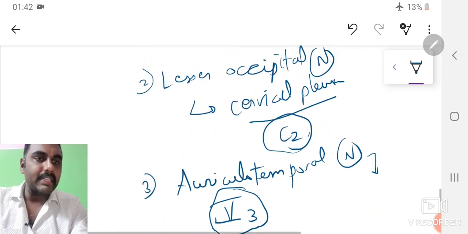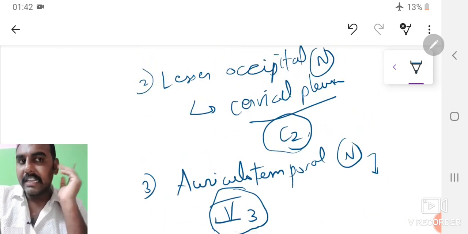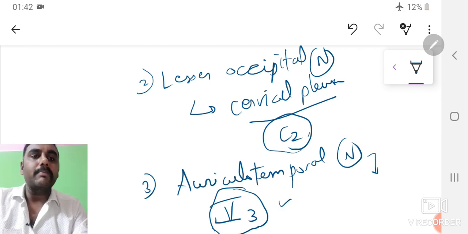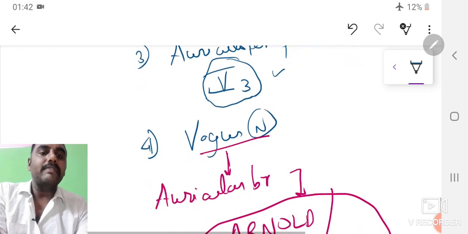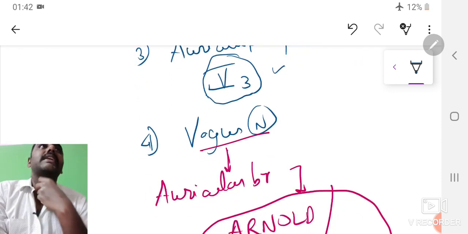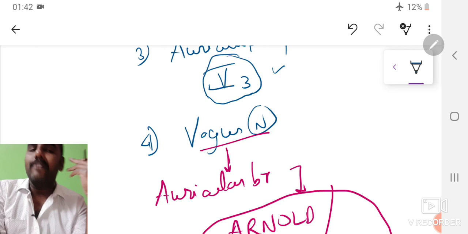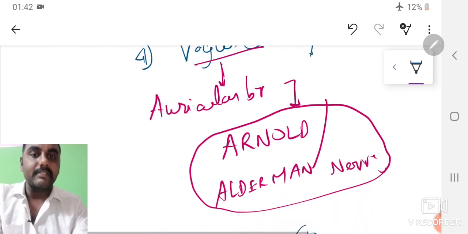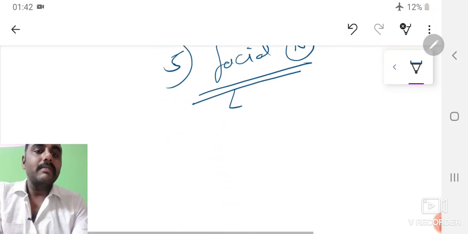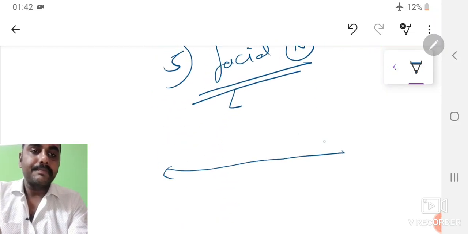If there is any pain in the dental region, there will be referred pain through the auriculotemporal nerve, the mandibular division of the trigeminal nerve. And if there is any problem with the larynx, the patient will have referred pain to the ear, because of the auricular branch of the vagus nerve. So these are the nerve supply of the pinna.